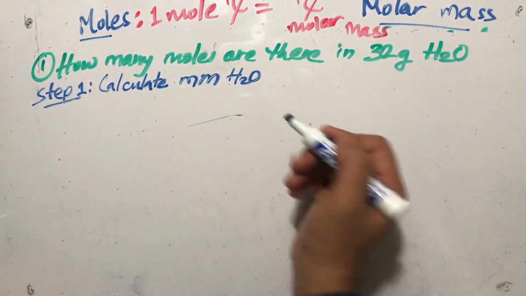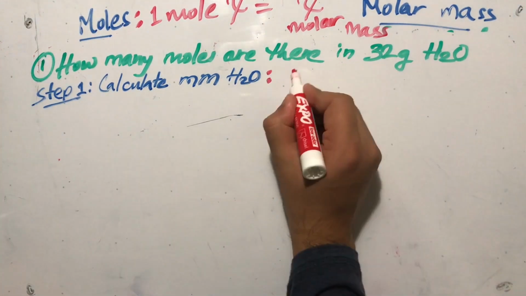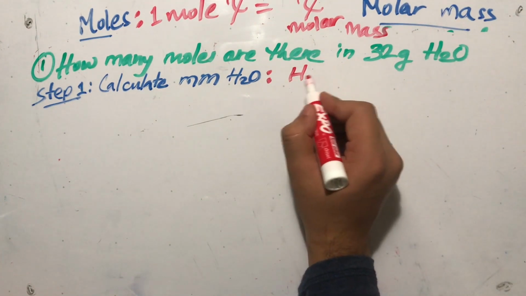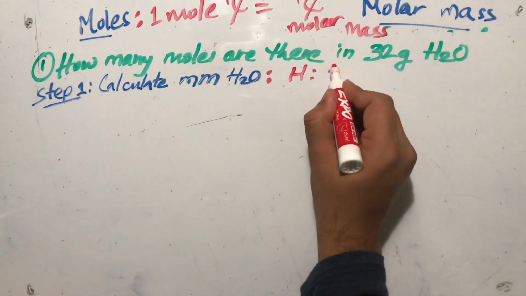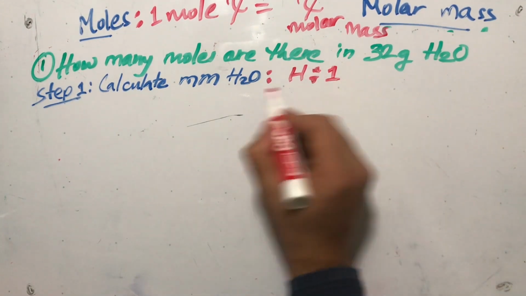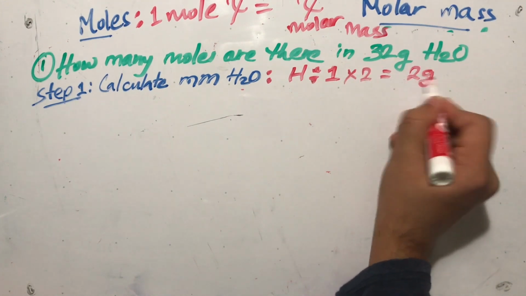Okay, and to find the molar mass, as we have already done for sodium chloride, all you have to do is look at the periodic table for the atomic mass of hydrogen, and that is about 1 gram. But there are 2 of them, so you multiply that by 2, that's a total of 2 grams.